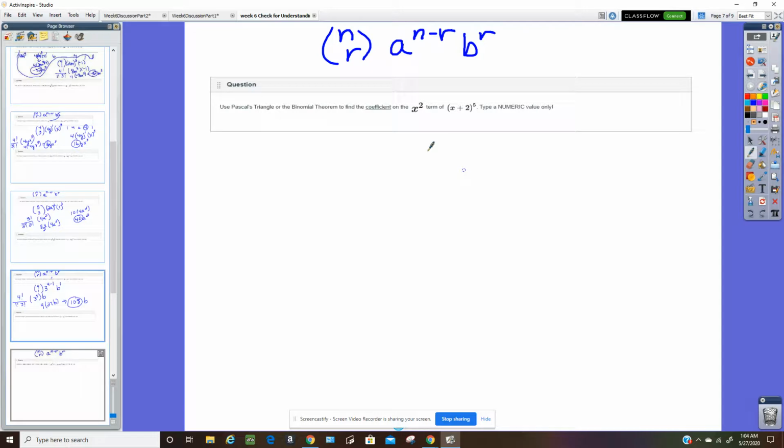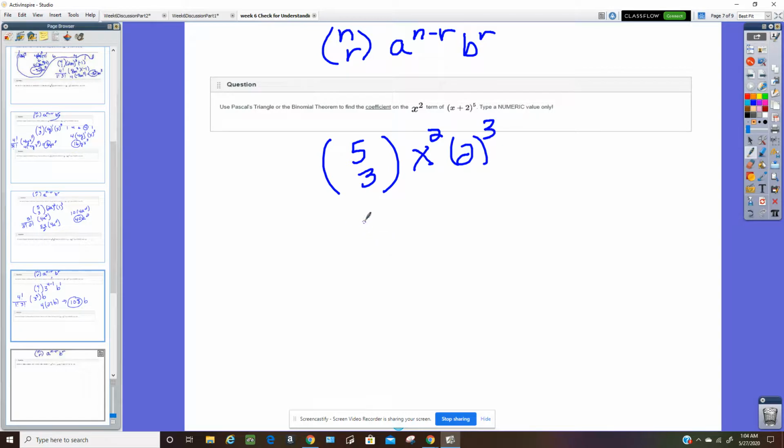And then the x squared term here. So n is 5, and r, so the x squared term, this would be 5 minus 3, gives me a 2. So 5 choose 3 of x to the second, and then times 2 to the third power.